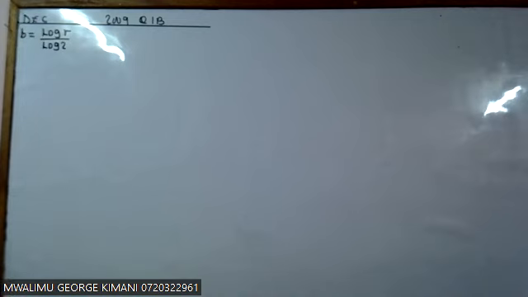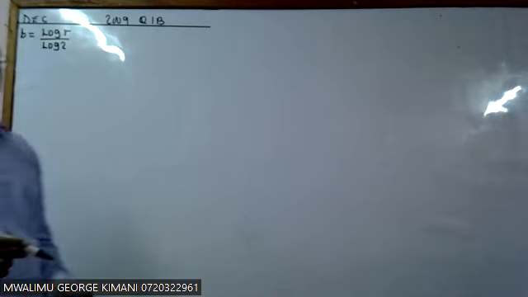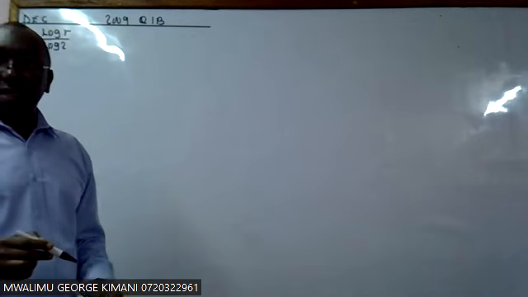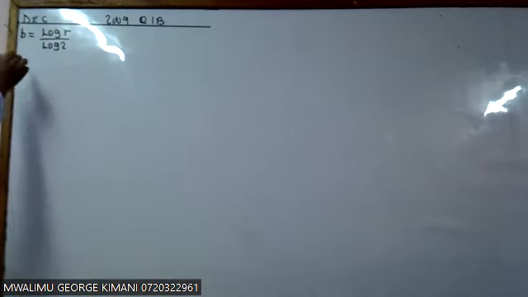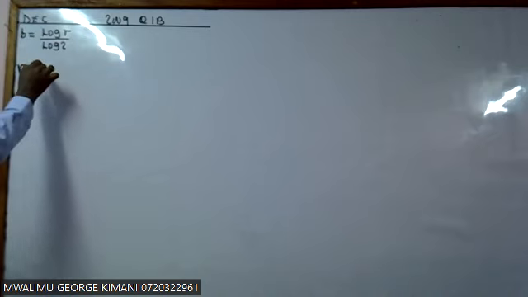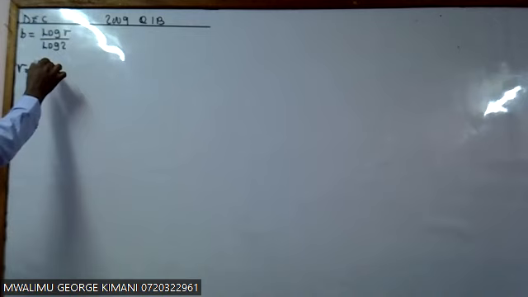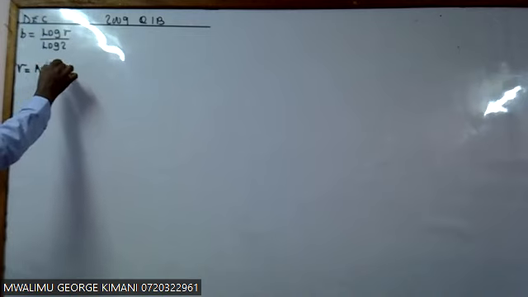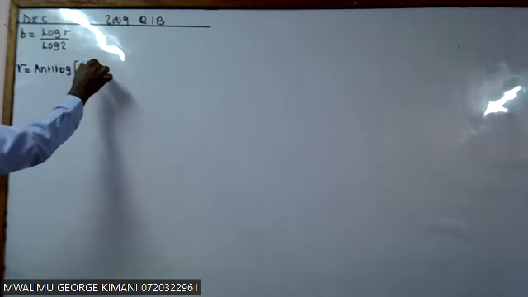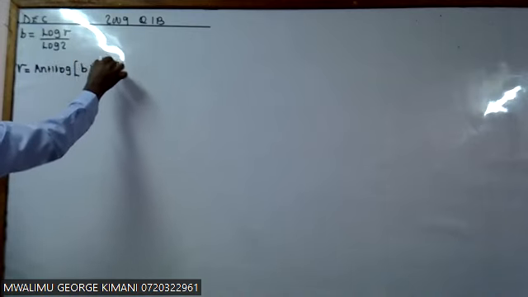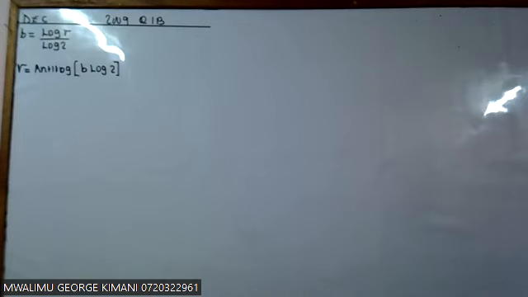So, for us to get R, is like what we did in our previous lesson yesterday. You remember how we arrived at R is equal to the antilog of B times the logarithm of 2. That's how we arrived at R.